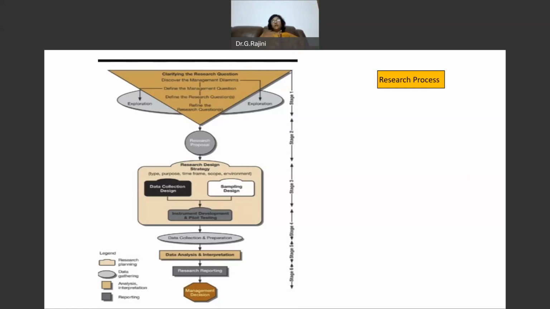Okay, you will look at the turbulences in the environment in terms of political environment, legal environment, cultural environment, social environment. So we will find out what type of culture they are involved into. Is that the taste and preferences are based on all these environmental factors. So all these things we will be keeping in our mind, and we will come out with the research design. Then we develop an instrument for collecting data.